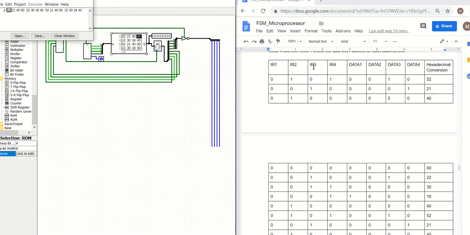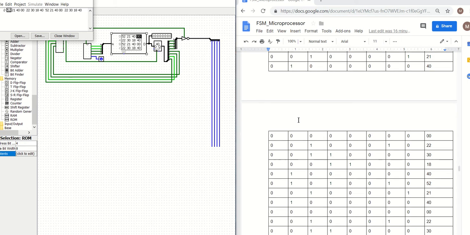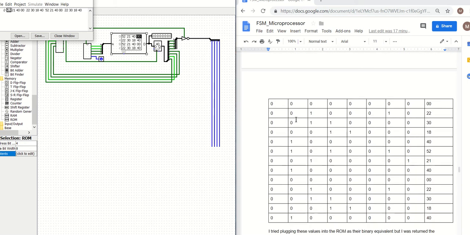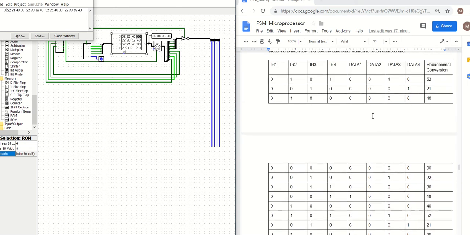So I converted the first 4 binary numbers that I have here from binary to decimal for the first one, and then binary to decimal to get the hexadecimal conversion. And I did that for all the corresponding values and plugged them in.